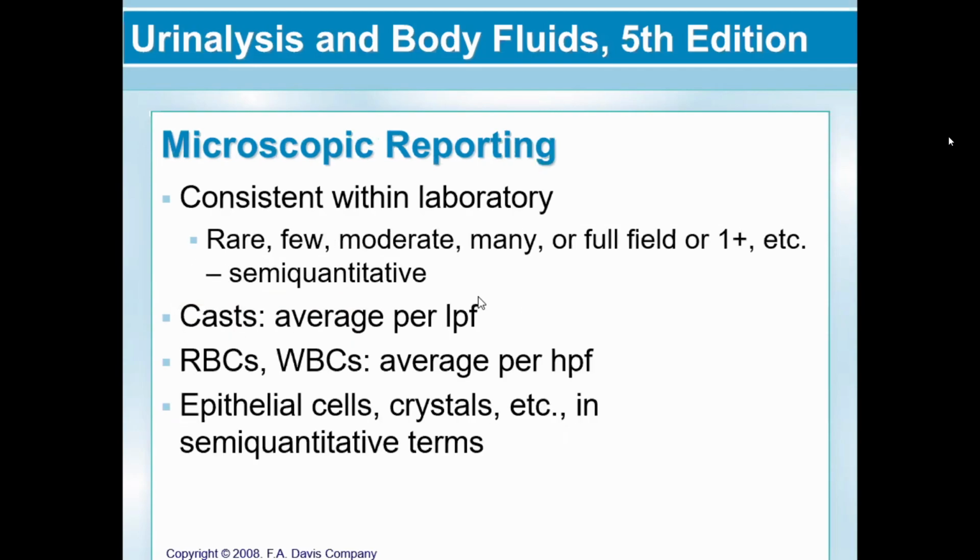Okay? So next, we have microscopic reporting. Just like with the volume of our sediment, our microscopic reporting should be consistent within the laboratory. So for example, for the semi-quantitative grading or reporting of form elements, like our squamous cells and our mucus, we grade them as rare, few, moderate, many.